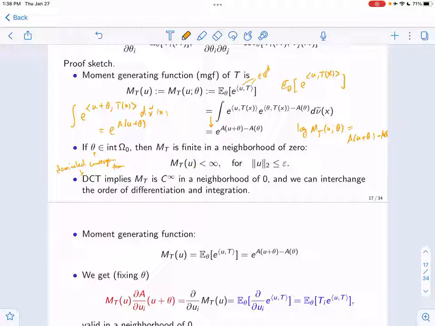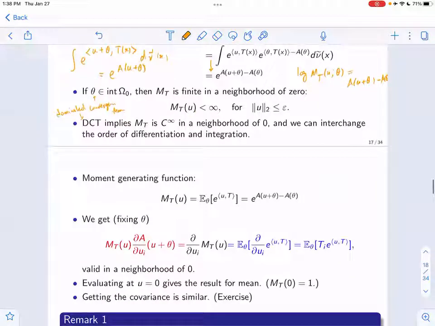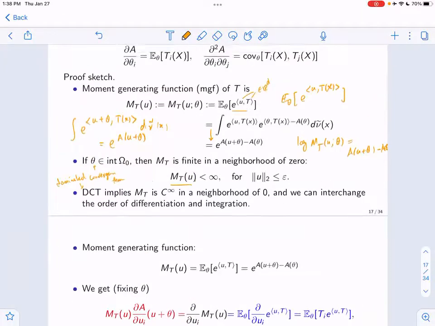Differentiation is a form of limit, so if I want to change the limit and expectation, I can use the DCT to do that. And this is enough. I'm not going to prove this, but you can try to verify that. At least show that it's differentiable once, and I can compute the derivative of this by moving the differentiation inside the expectation.